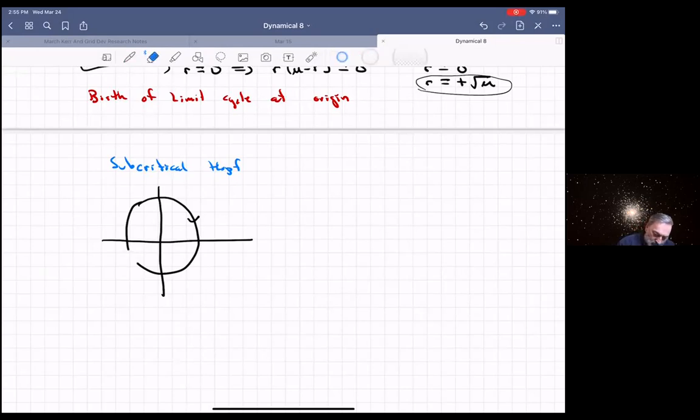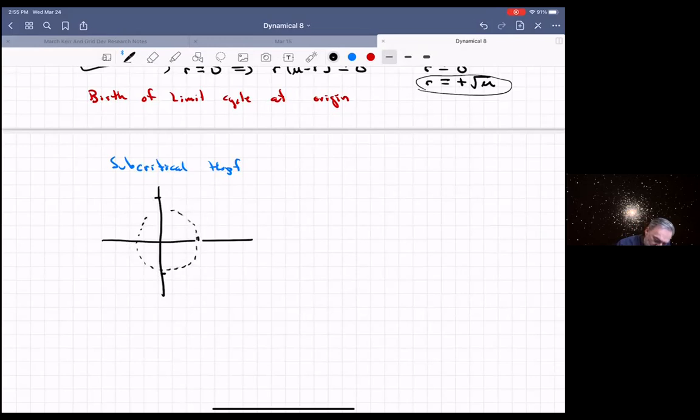Let me draw it the other way. I have a stable limit cycle out here, and inside there is a, no, this isn't the right way to think of it. So what I want is I want the limit cycle to be unstable.